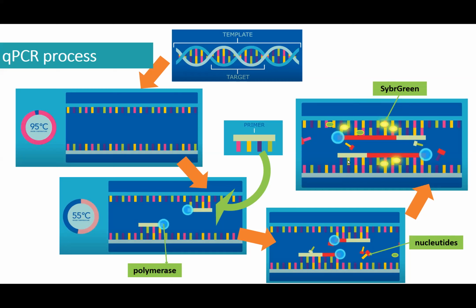At the end of each cycle, the qPCR machine will detect the SYBR Green emission. The SYBR Green binds to the double-stranded DNA and emits light, and that is what the machine detects at the end of each cycle.